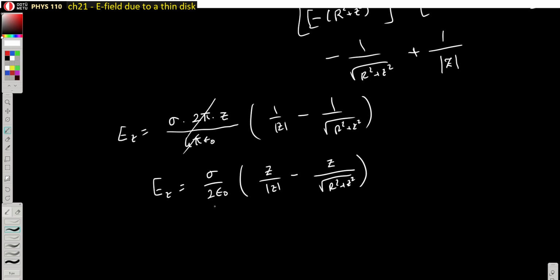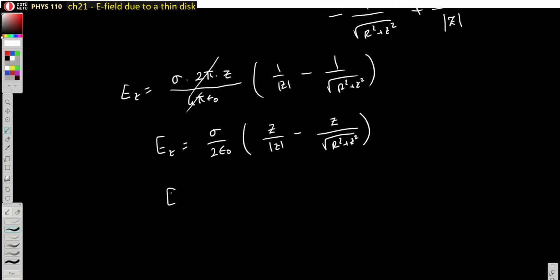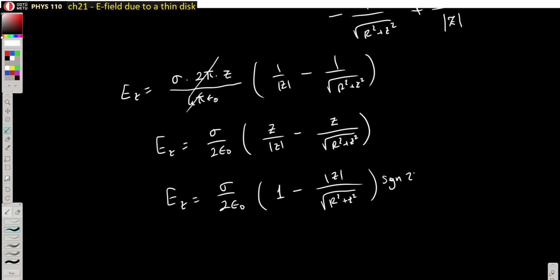So there's some kind of a sign involved in here. So let's say it like this. So sigma over 2 epsilon 0. And then we have, this is 1 minus absolute value of z divided by the square root of r squared plus z squared, times signum of z. Right. That's the expression that we can write down. But just keep in mind that sigma is not a given quantity. It's just an expression that we have deduced, that we have used at intermediate stages.